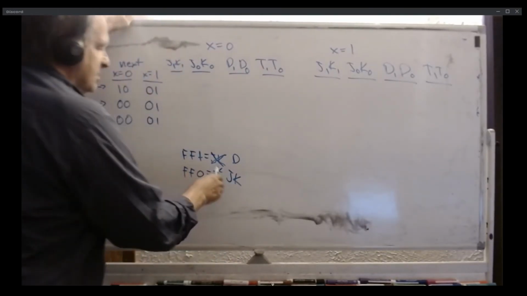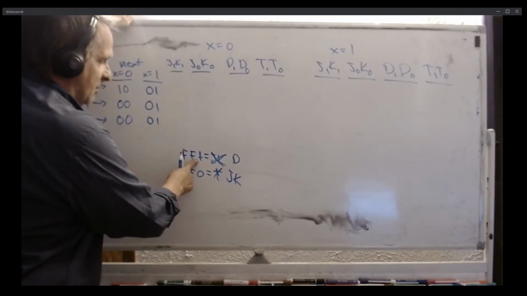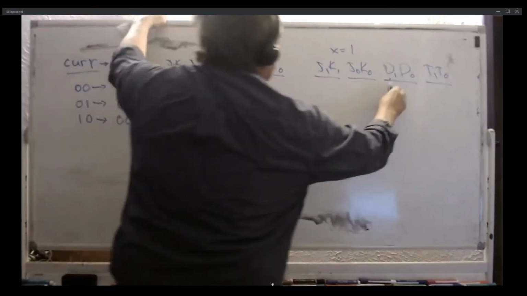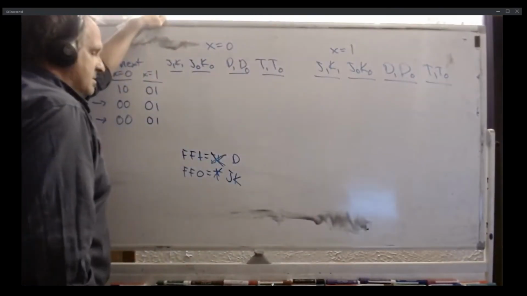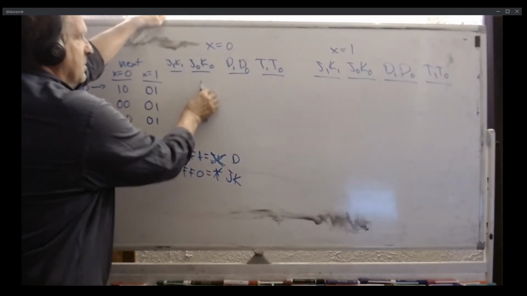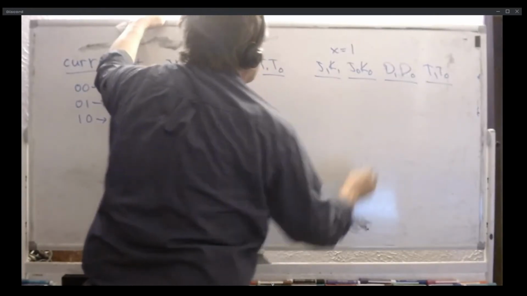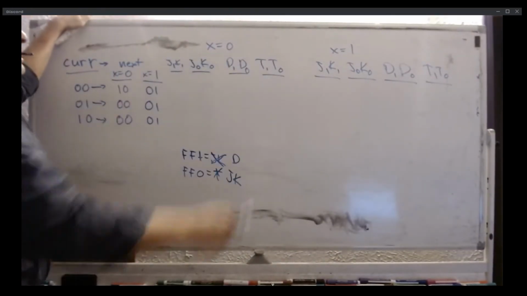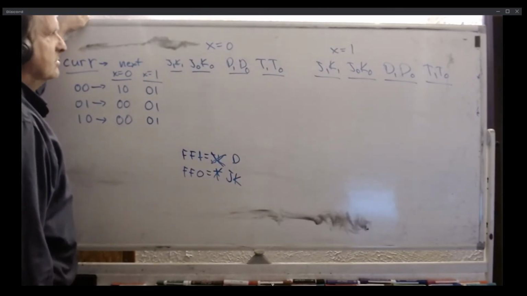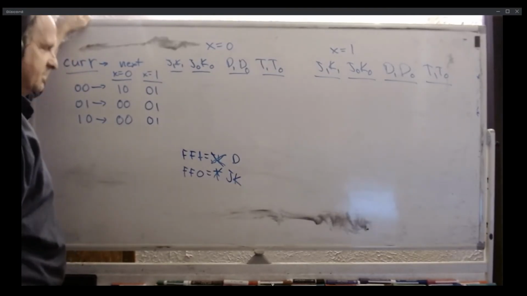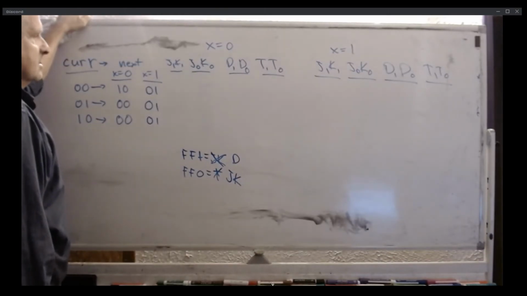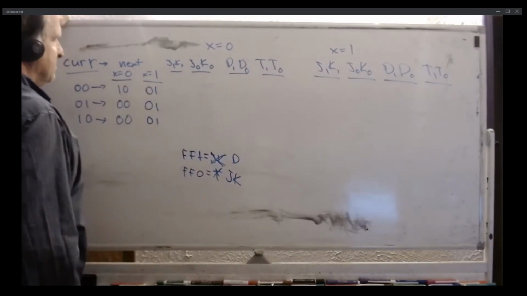In that case, since the most significant flip-flop is D, we would need this column and this column for D. And we would use the J0, K0 because it's the least significant flip-flop right here and right here. That's why we need all the columns. As we do this, it'll make total sense.